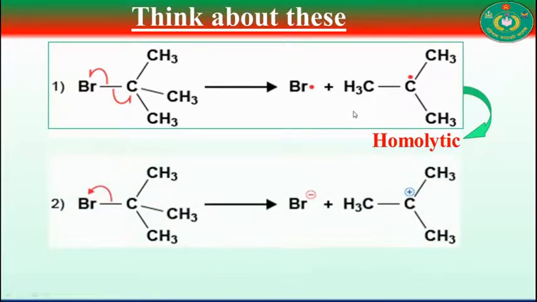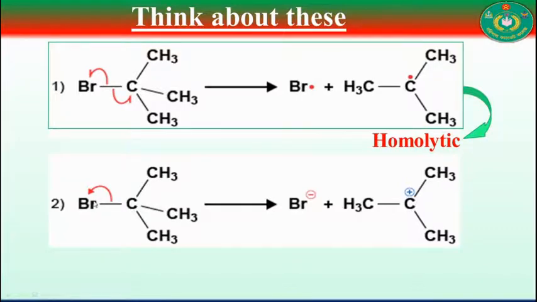Now consider the following example. What type of cleavage has taken place here? Here we see that both electrons go to the bromine atom, because the bromine atom is a highly electronegative atom compared to carbon.